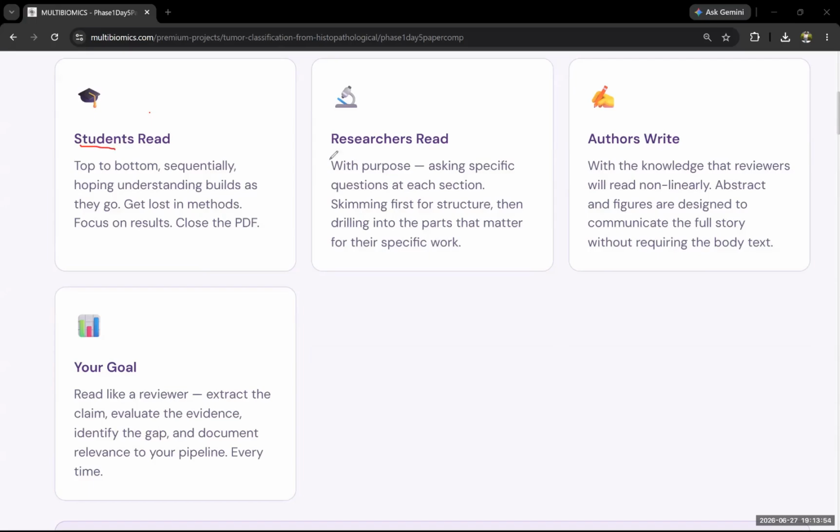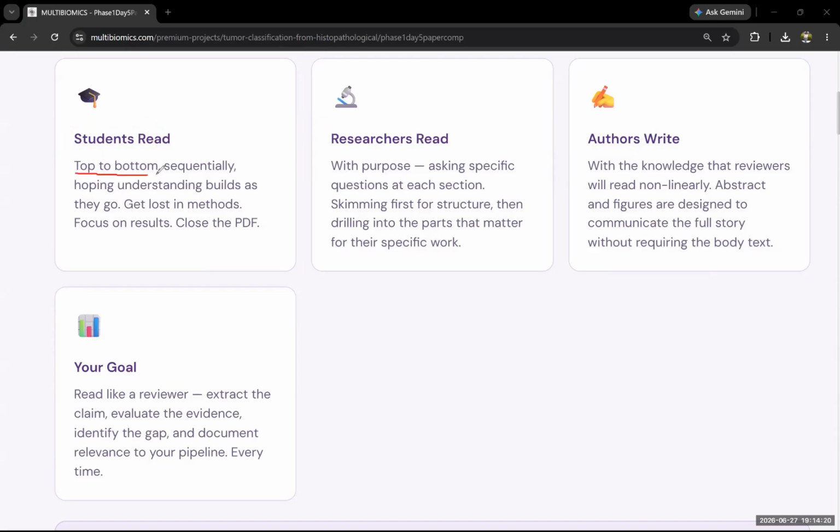Students also read, researchers also read, and authors write. What is your goal? We'll just see. When students read and are not experienced, suppose you're students right now, you're not researchers. Imagine yourself that you're a student and you're not experienced in reading.